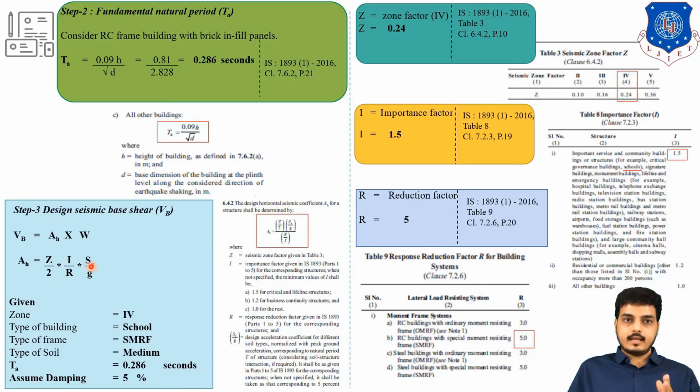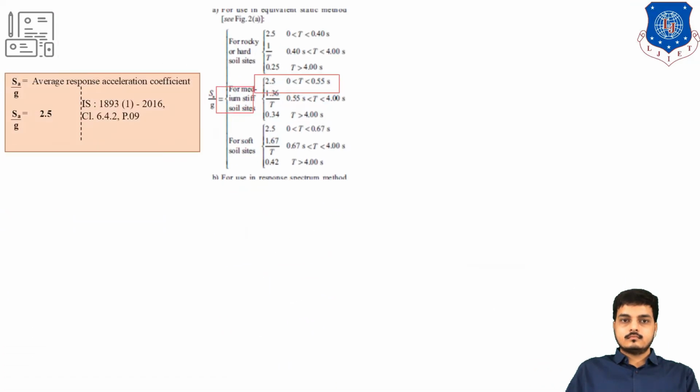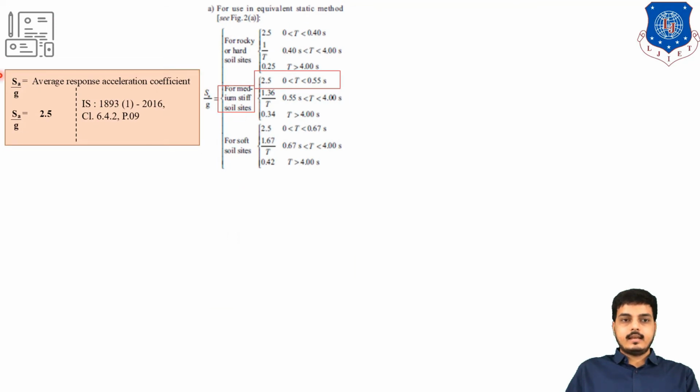Now proceeding toward Sa/g. For Sa/g we require type of soil, which is medium, Ta, which is 0.286, and third, damping coefficient, which is 5%. Next is Sa/g, the average response acceleration coefficient.